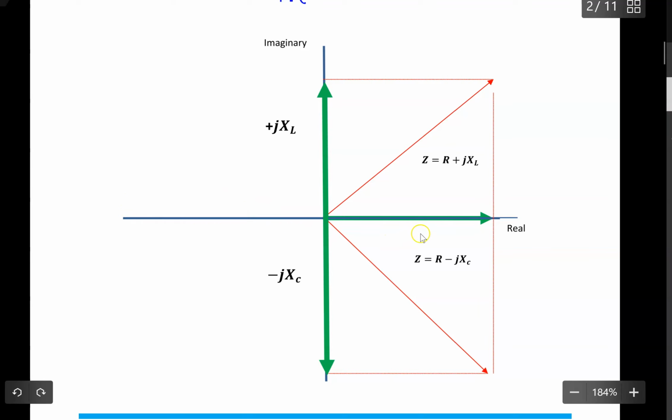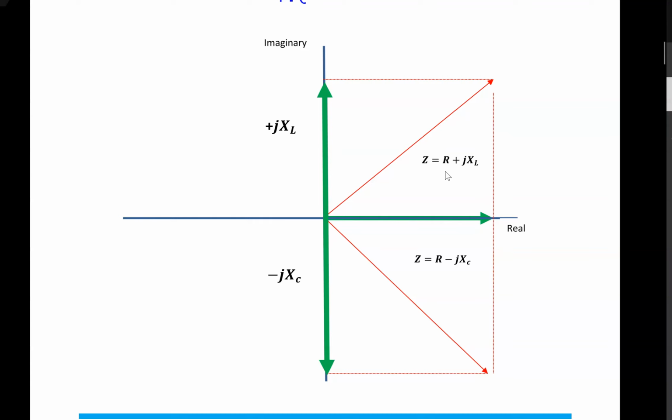The reason for that is the real axis is associated with your resistor. The resistor is a real value anyway. You pick up a resistor right from your toolbox and it has a positive value all the time. You cannot pick a resistor and have it as a negative value.